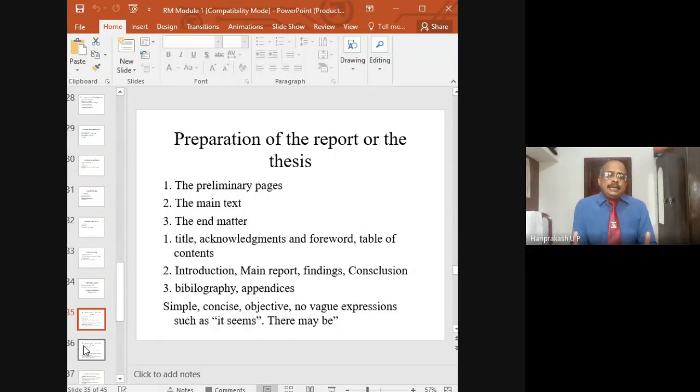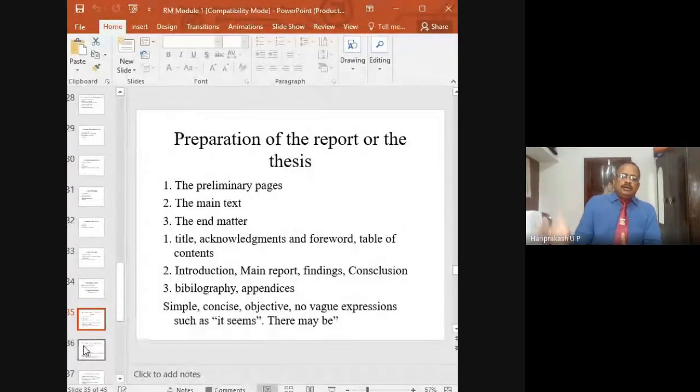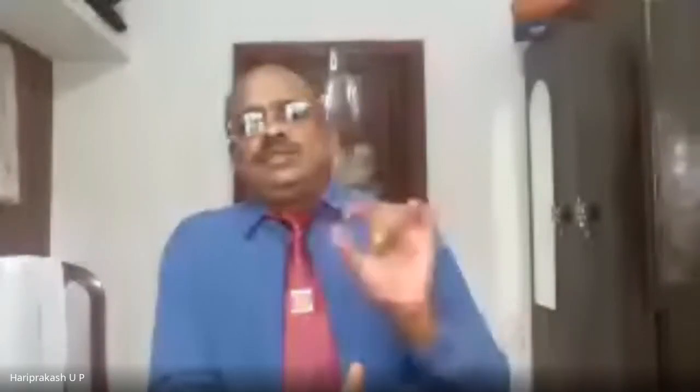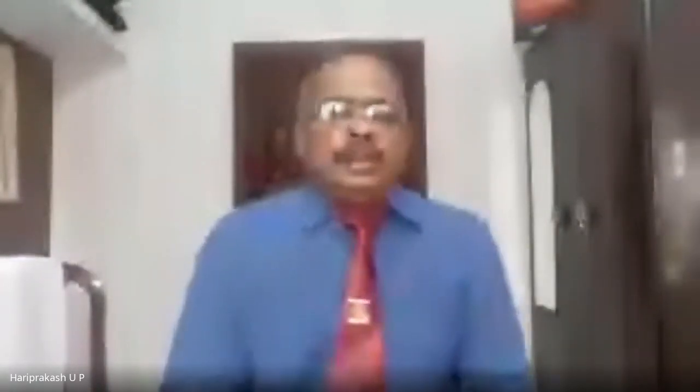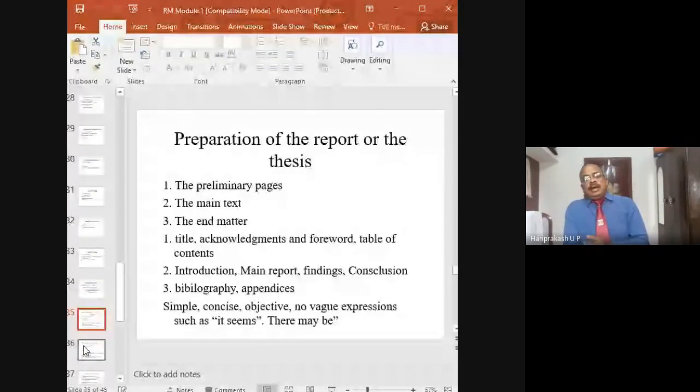Then finally, it is the end matter: bibliography and appendixes. Appendixes are anything that you want to use to substantiate your report, some pictures and so on. Preliminary pages are the title, acknowledgement, foreword, table of contents, all that. The second part: introduction, main report, findings, conclusion. The third part, the end matter, is bibliography and appendices.